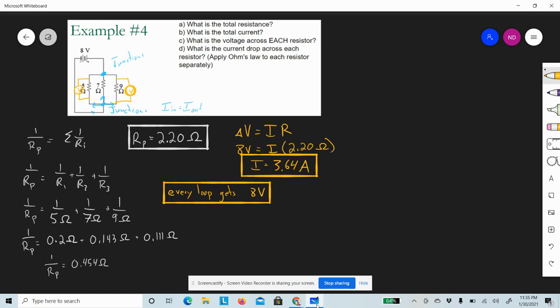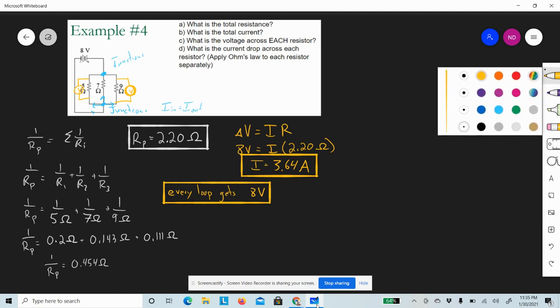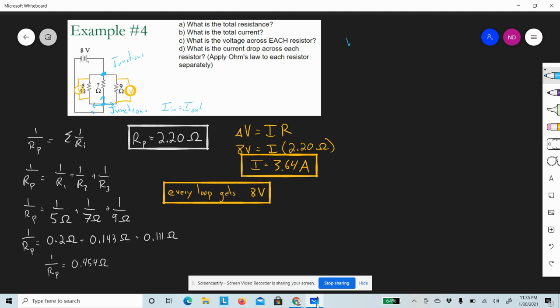All right, so there's C. D, last problem. Apply Ohm's law to each resistor. V equals IR, but you can calculate V1 equals I1 R1, V2 equals I2 R2, and V3 equals I3 R3.